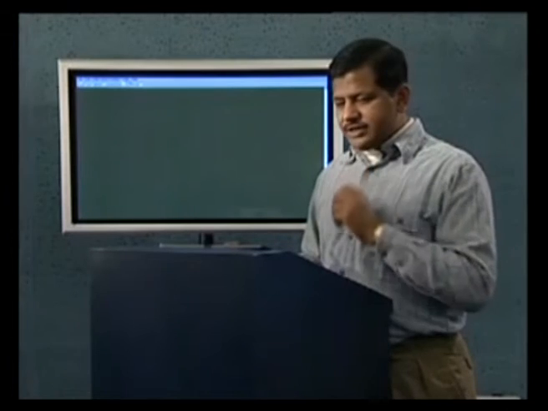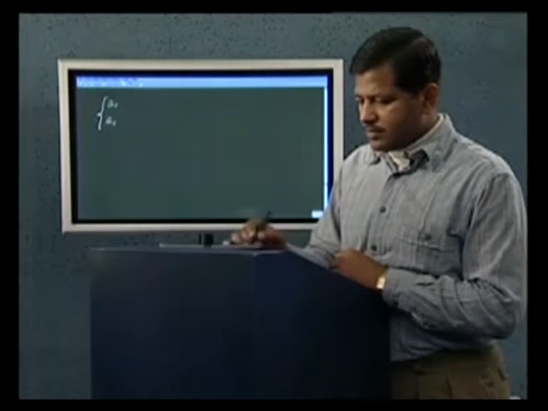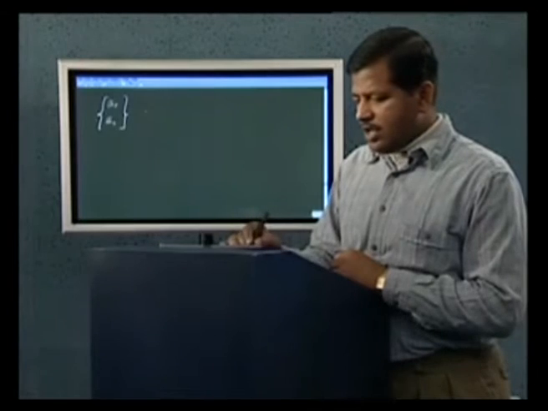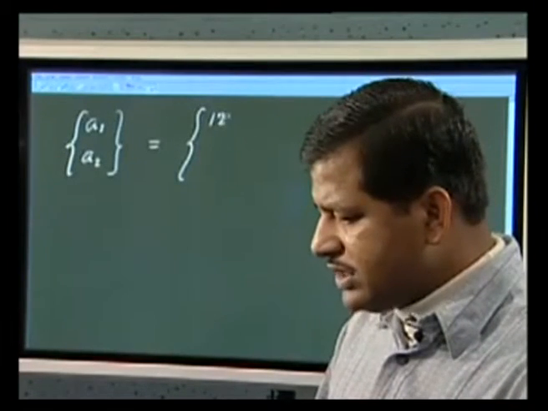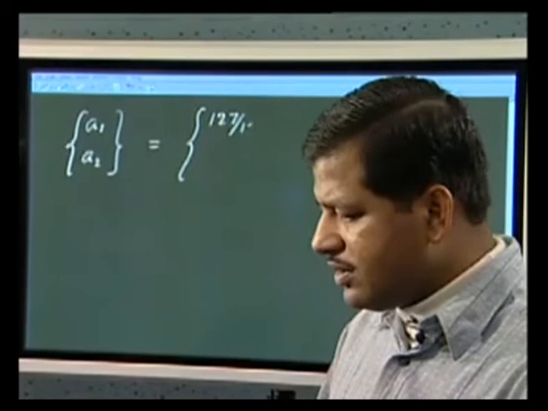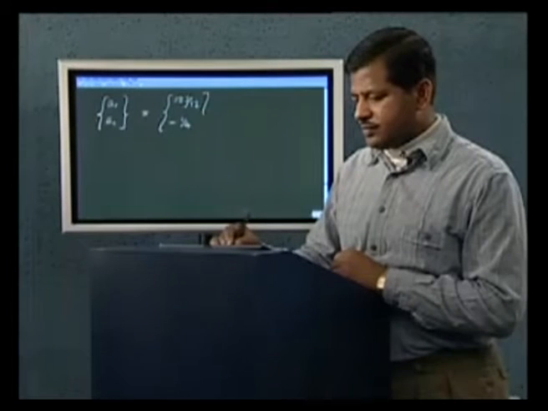So when we solve this, we will end up getting A1, A2 is equal to 127 by 12 and minus 1 by 4.